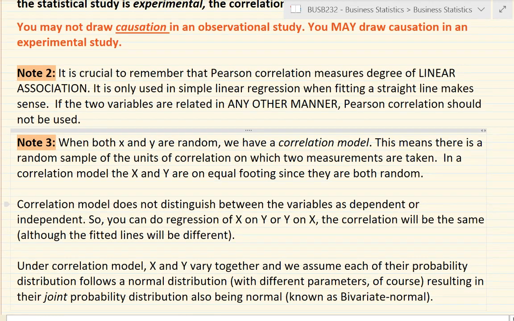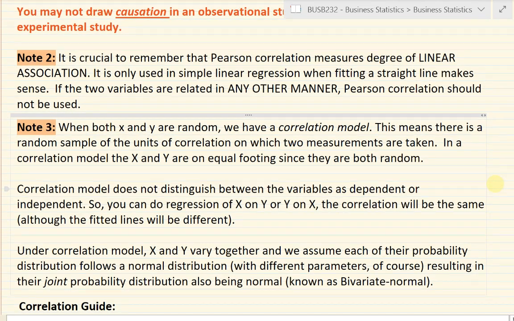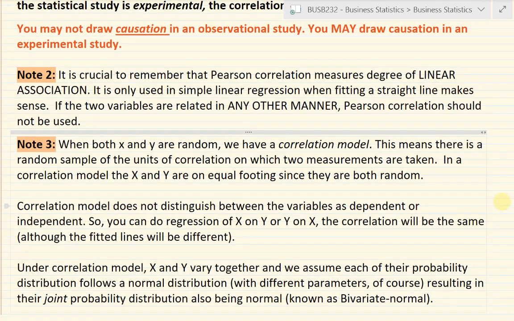Now, in a correlation model, again, x and y vary together, and we assume that each of the probability distributions follows a normal distribution. So x follows a normal distribution, y follows a normal distribution, at each level.